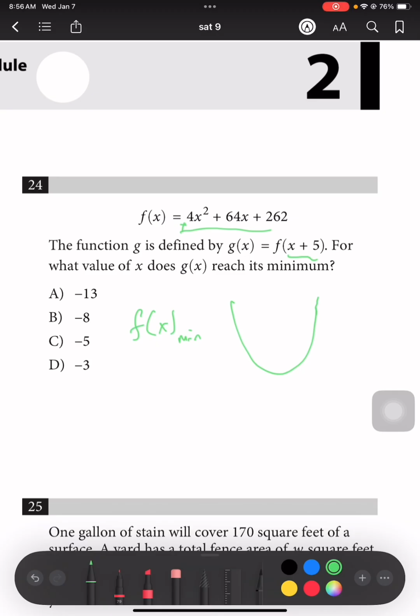And okay, so this is the minimum. At what value of x does this occur? So now the quadratic formula is what, negative b plus or minus, I don't know if they give you that. Maybe you memorize this. If not, you can also derive it, but that'll take some time.